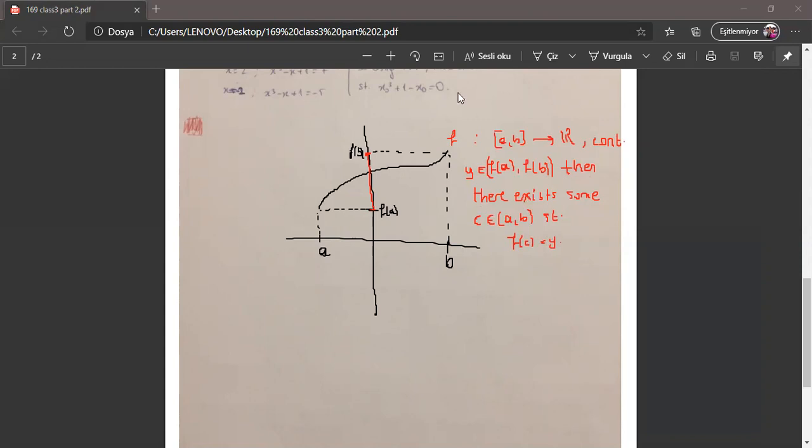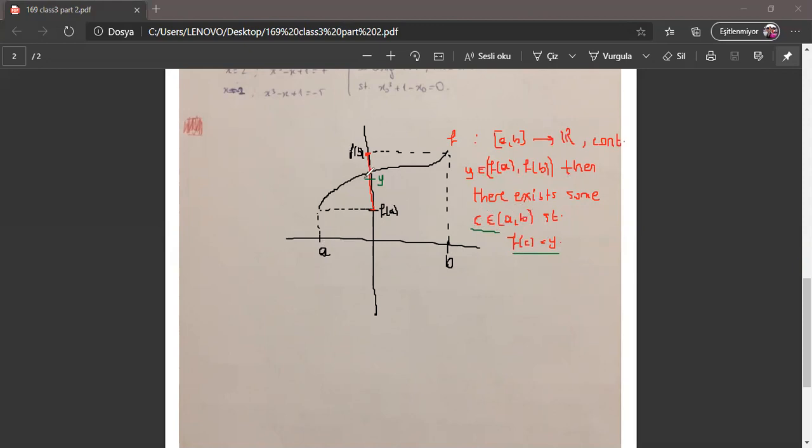Let's see on the graph, okay? So here we have f of a and f of b, the interval. Let's pick some y here, okay? So what does it say? We need to find some c such that f of c is equal to y, and c should be in this interval a, b.